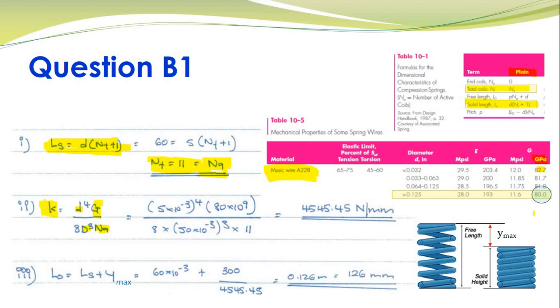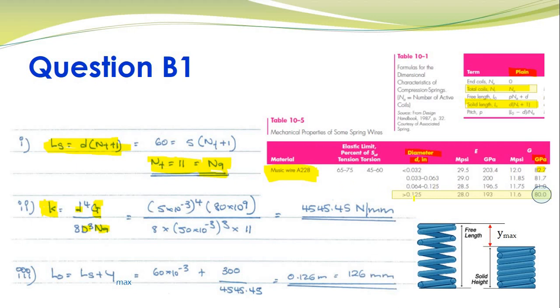We've got multiple values given. So how do we fix our value? It's very simple. In this column, diameter is given in inches, so whatever wire diameter was given to us, convert that into inches and see in which range it falls. Our wire diameter was given as 5 mm, and to convert mm to inches, we simply divide by 25.